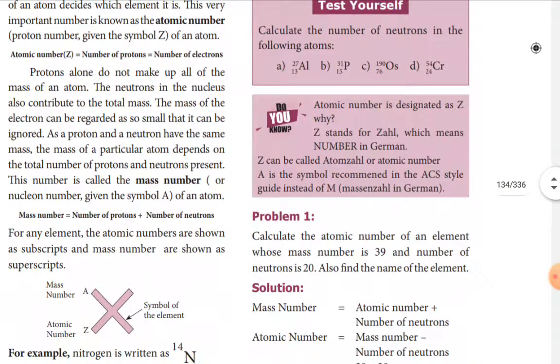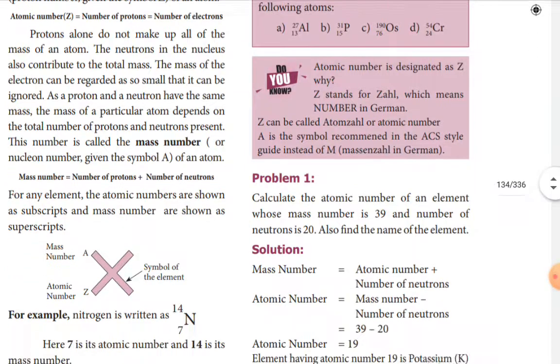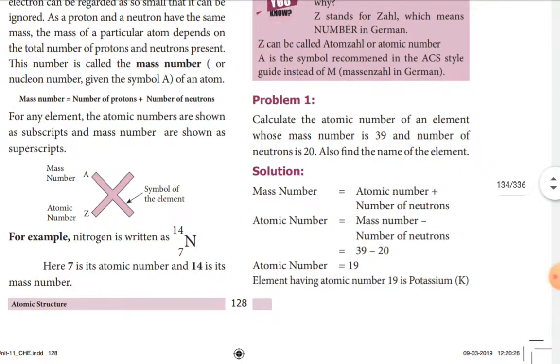Next, mass number is the sum of protons and neutrons in the nucleus, that is, the sum of nucleons. Proton plus neutron is equal to mass number. In the representation, we write the atomic number in the subscript and the mass number in the superscript.